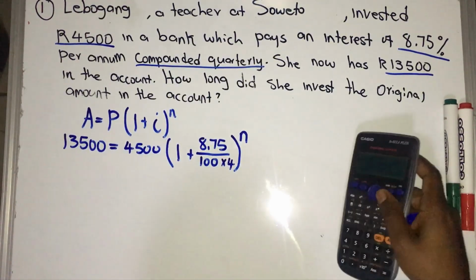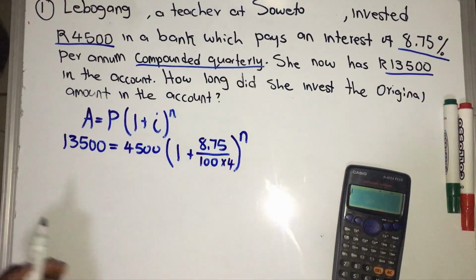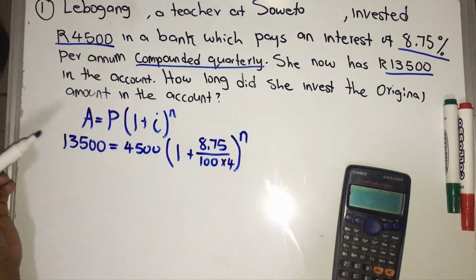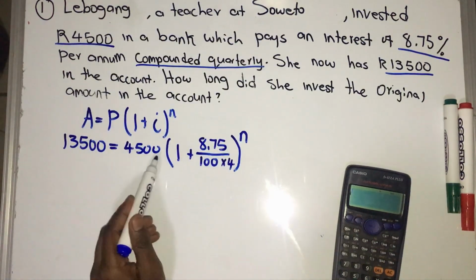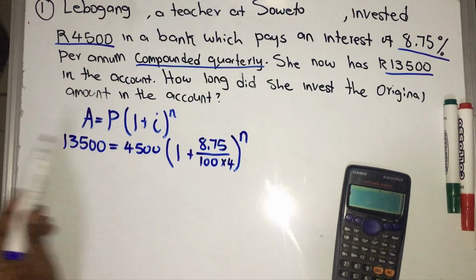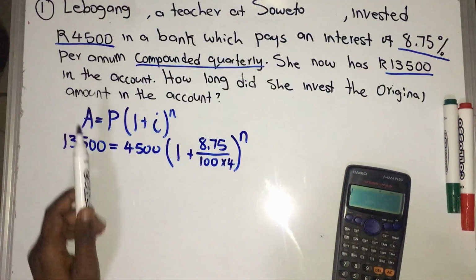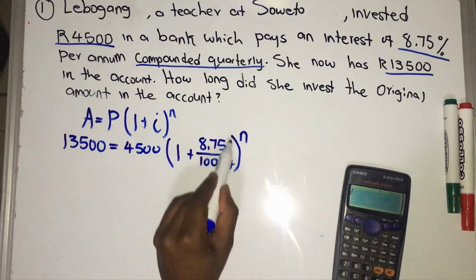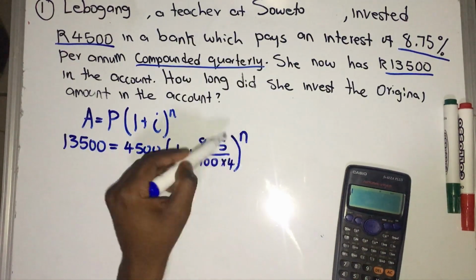The first thing we can do here is divide both sides by 4,500, because what we're trying to do is isolate n, to find the value of n.